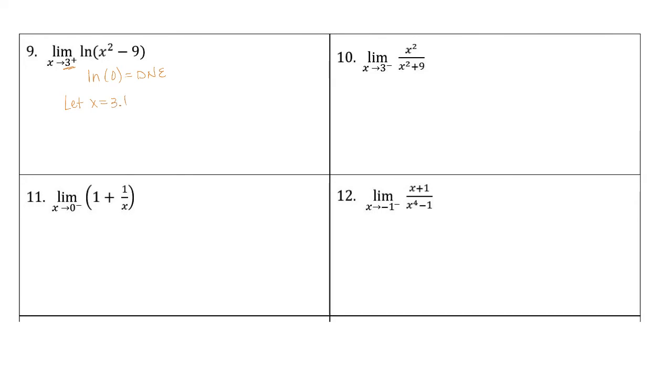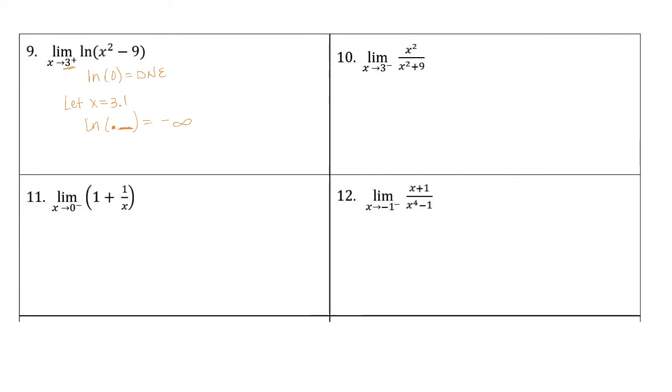Now when I sub in, I know 3 squared is going to be 9, so this is really going to be the natural log of point something. It's going to be a decimal. And the natural log of any decimal like this is always going to tend toward negative infinity. That's going to be a negative value.